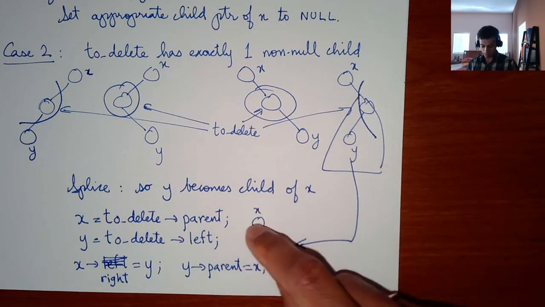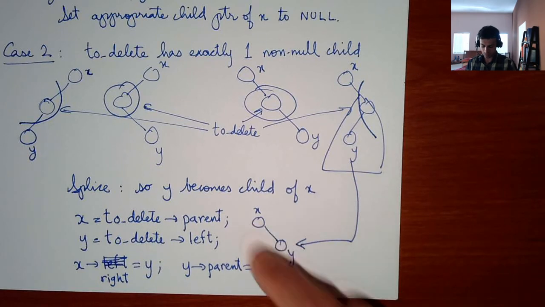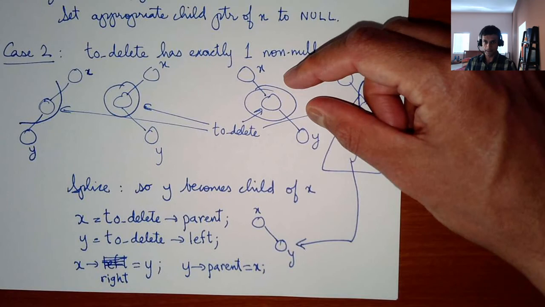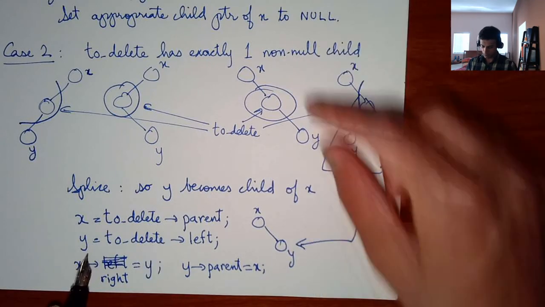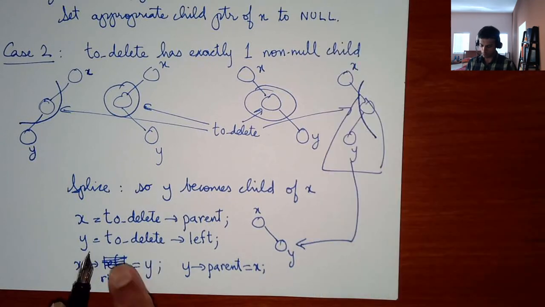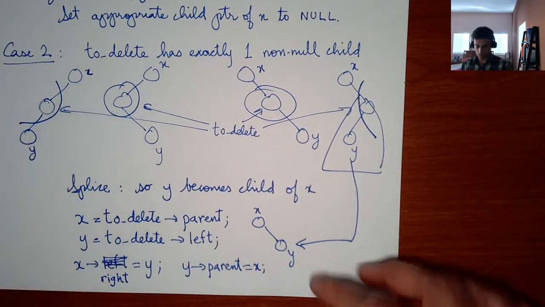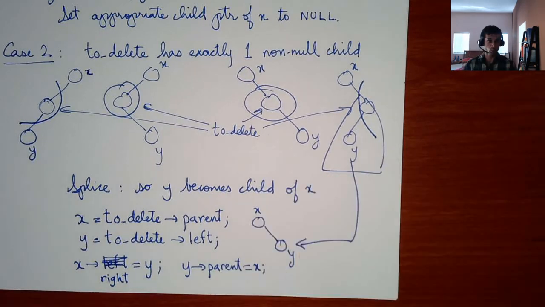This same logic will happen here as well. Except in the second case, it would be Y is toDelete arrow right, not left. And in these other cases, you'll have to switch around what left and right are. So this is the second case where toDelete has exactly one non-null child.